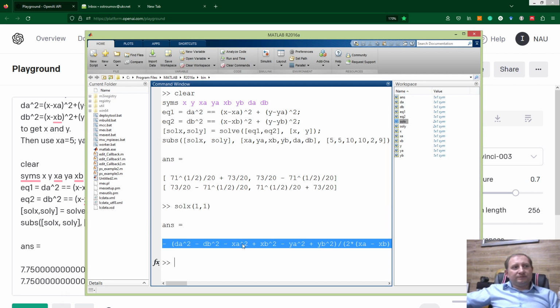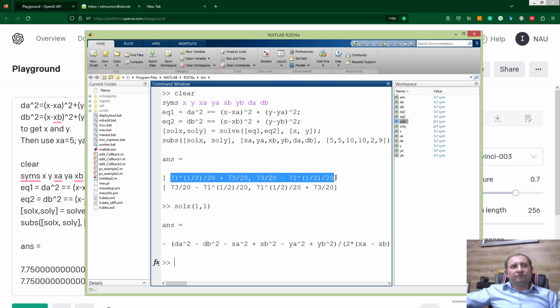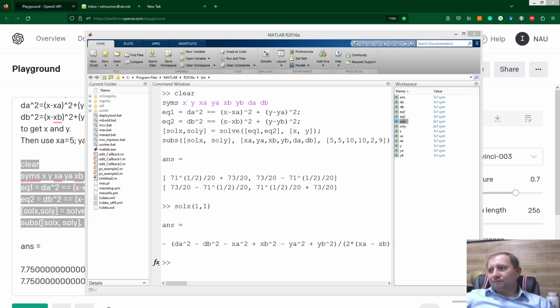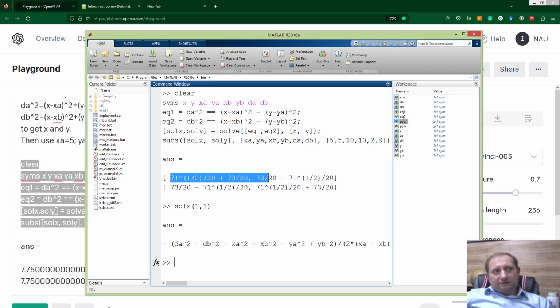And after substitution and simplification, we've got the following results, because then we just need to count, and in this case ChatGPT missed counting of this solution. And finally, we just need to count it, and ChatGPT forgot about it.